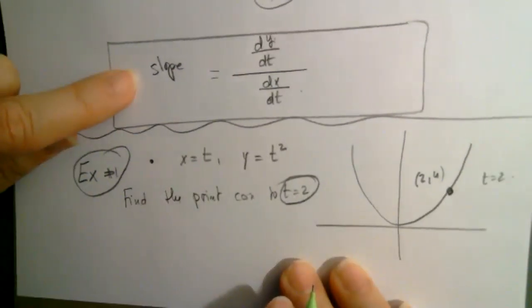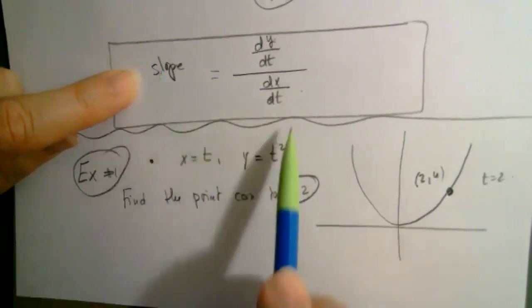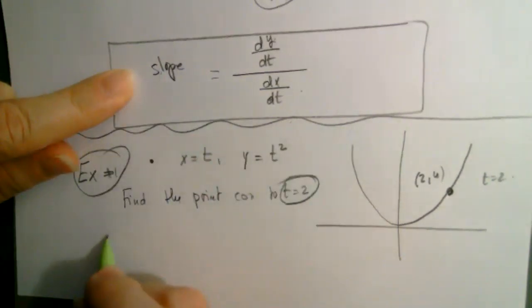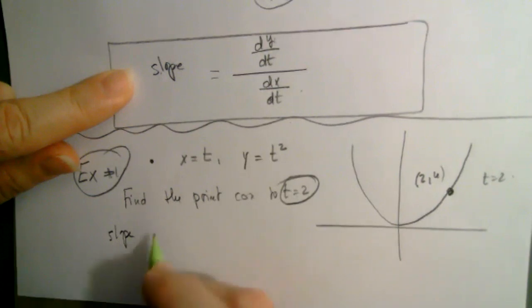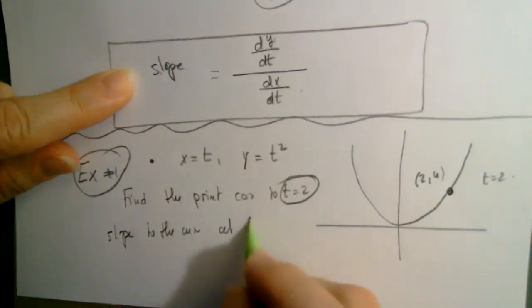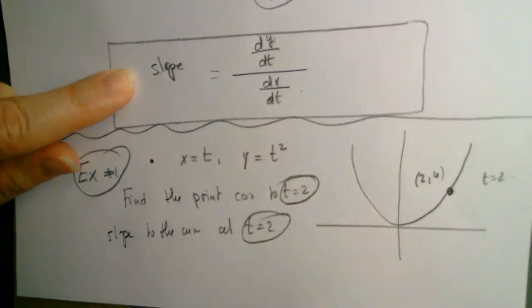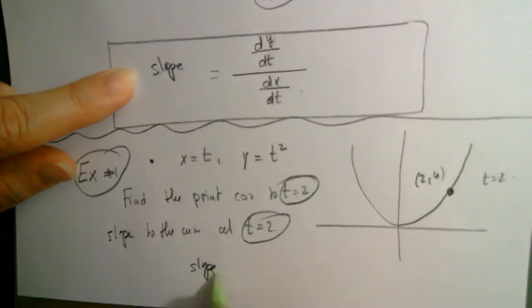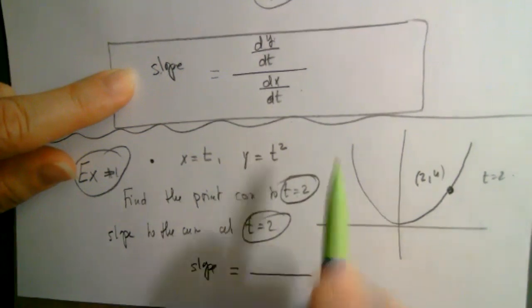Question number 2, I want to use this formula to find the slope. Now find the slope of the curve at t equal to 2. Okay, what's going to be the slope? We'll apply it verbatim.